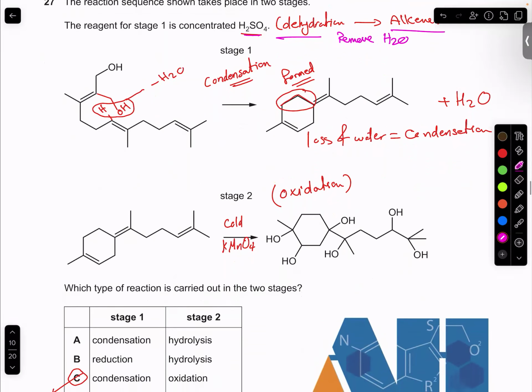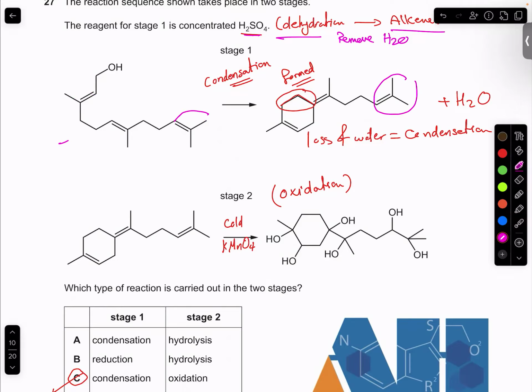If you notice, in this one it was open chain, and in this one the cycle is closed. This means that the elimination of water leads to a closed cycle.